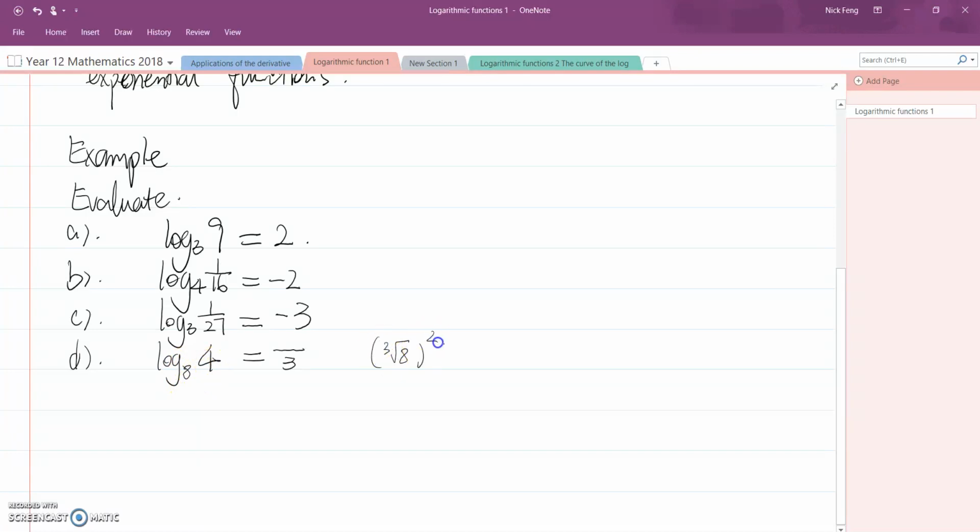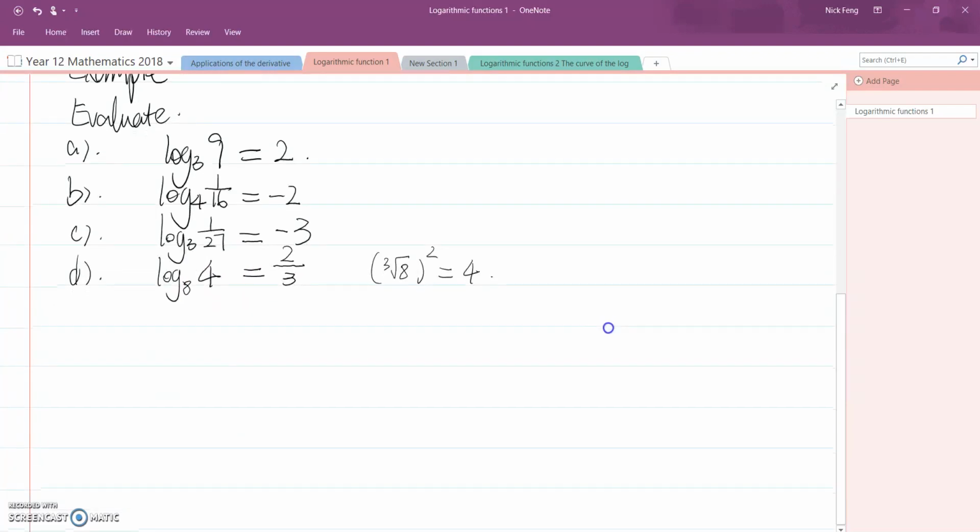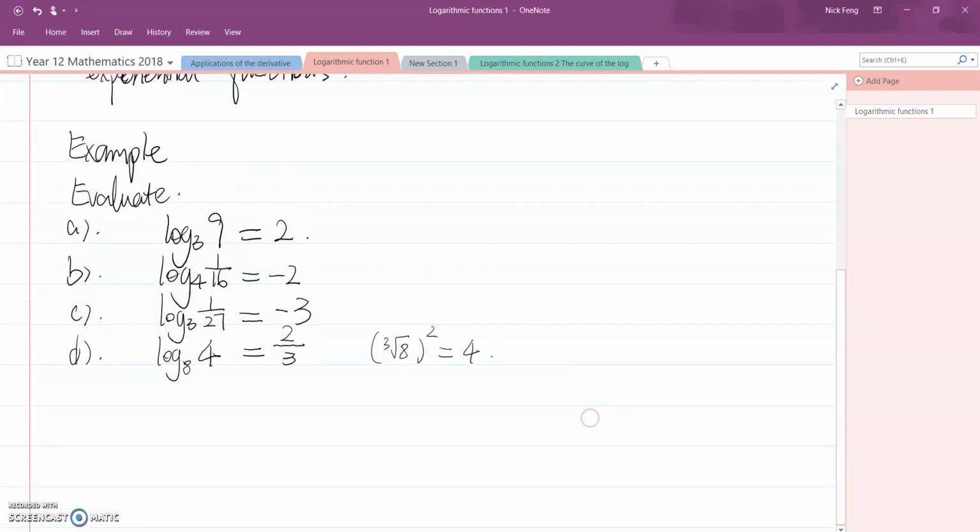And then if you raise it to the power of 2, that will give you 4. So in other words, it's 2 over 3. So log base 8 of 4 equals 2 over 3, because 8 to the power of 2 over 3 is 4.